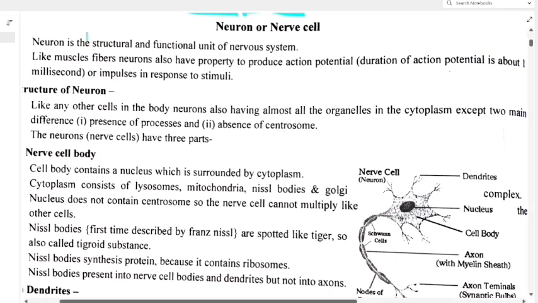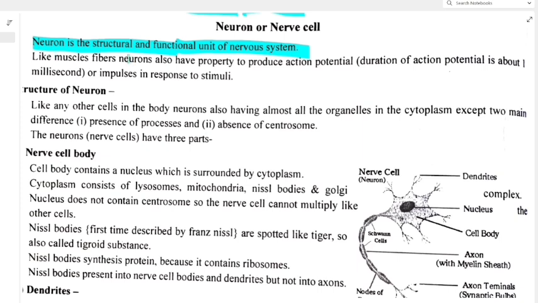The neuron is the structural and functional unit of the nervous system, and like muscle fibers, neurons also have the property to produce action potential. We know that muscles work by producing action potential, and the same happens with neurons.